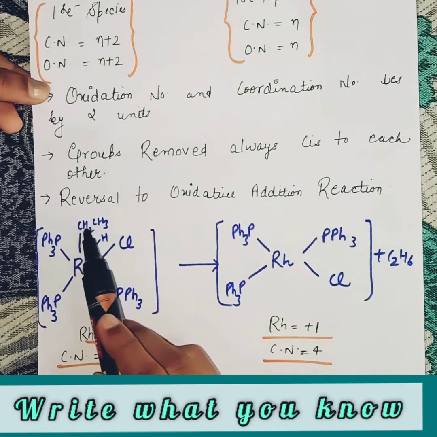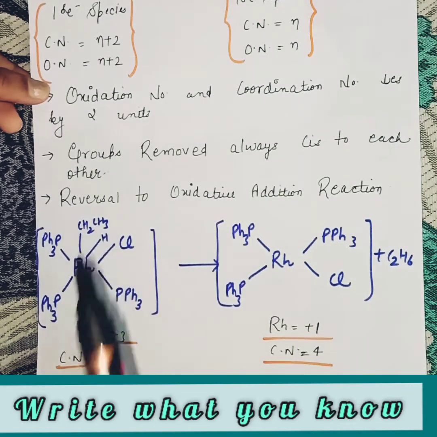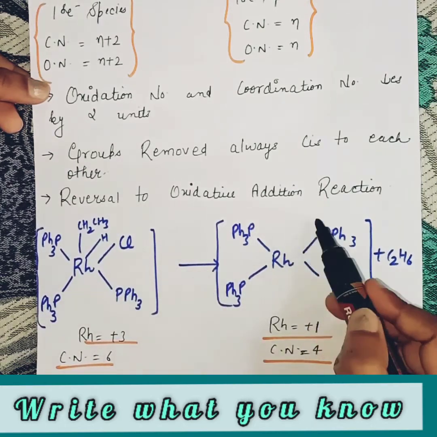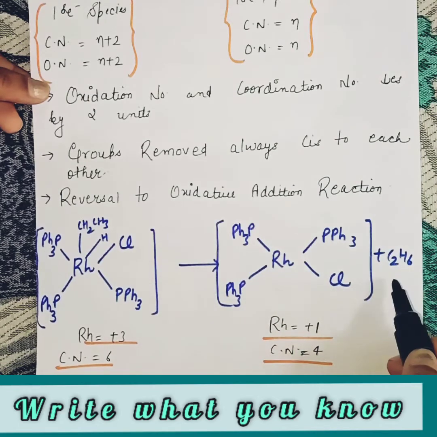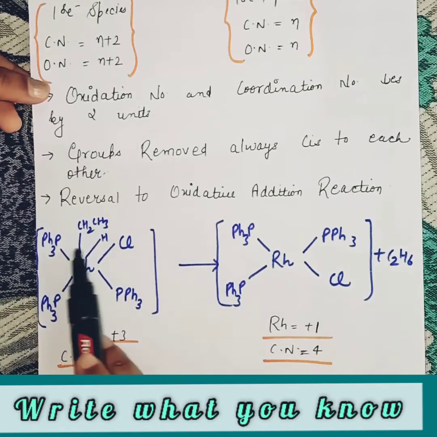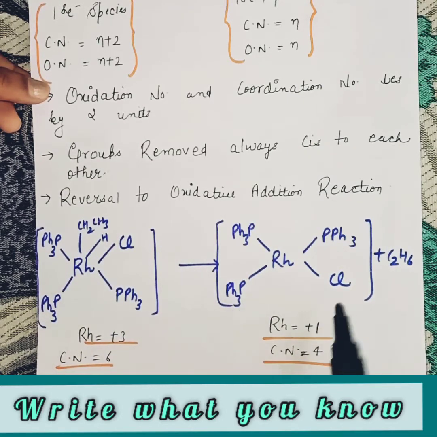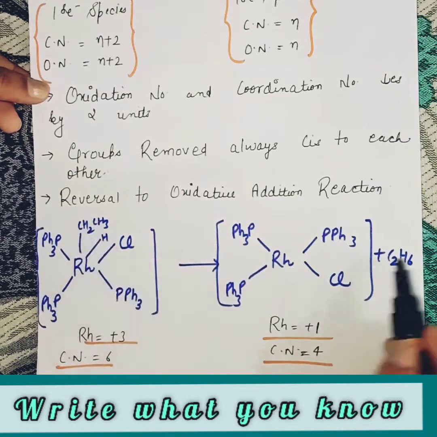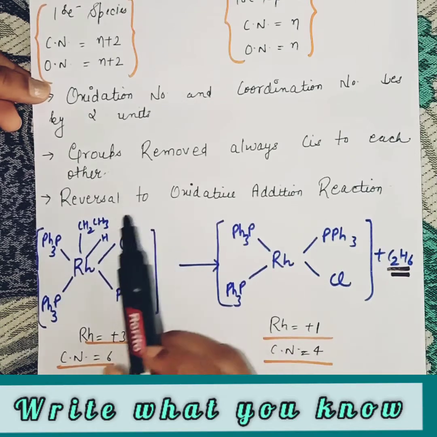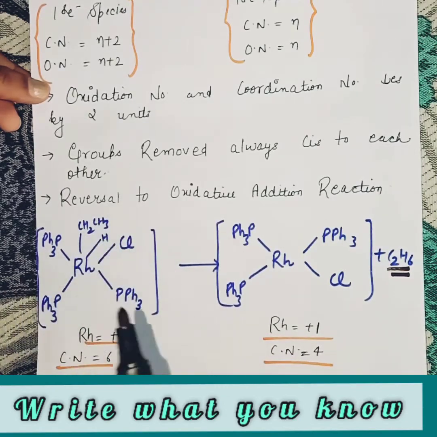These are CH2, CH3 and H. These are cis groups, and in this reductive elimination these groups are removed and it becomes a square planar complex. First it is octahedral, then it becomes square planar. So here the coordination number is 6 and here it is 4. The coordination number decreases by 2 and the rhodium oxidation state also decreases by 2, and it gives a side product. Generally hydrocarbons are removed from the complexes in the reductive elimination reaction.